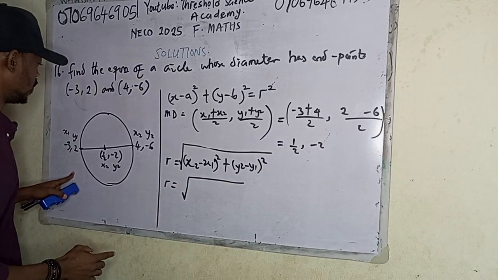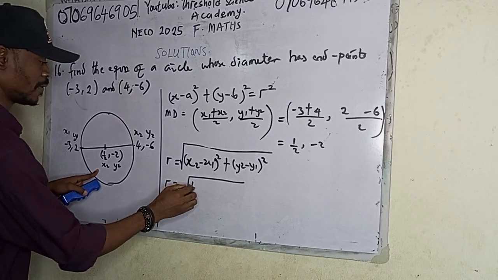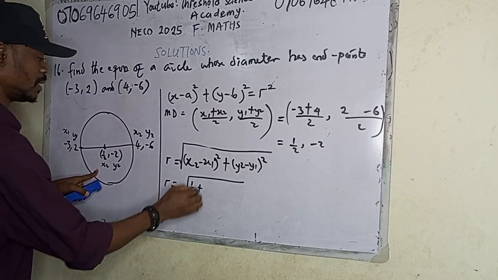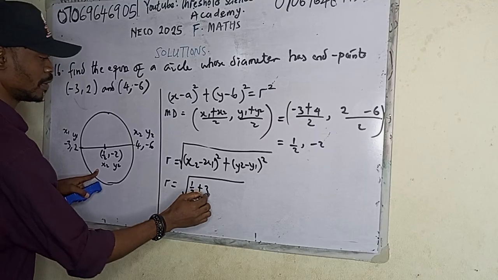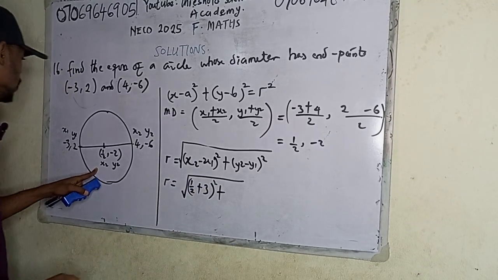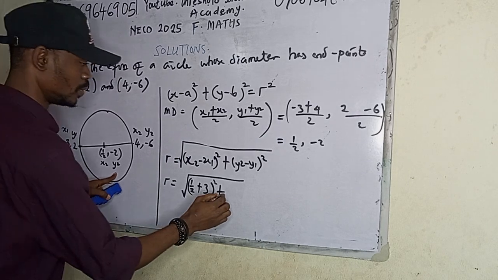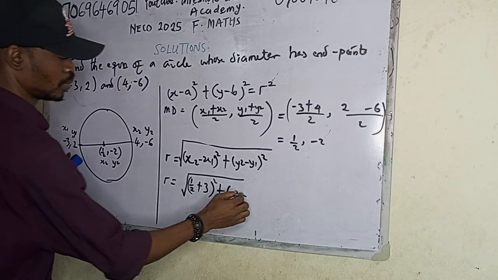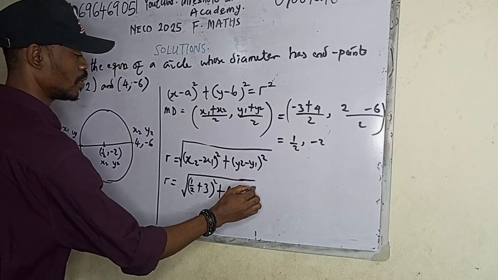X2 minus x1, that's going to be half minus -3, which is plus 3, all squared, plus y2, which is -2, minus y1, which is 2, so -2 minus 2, all squared.